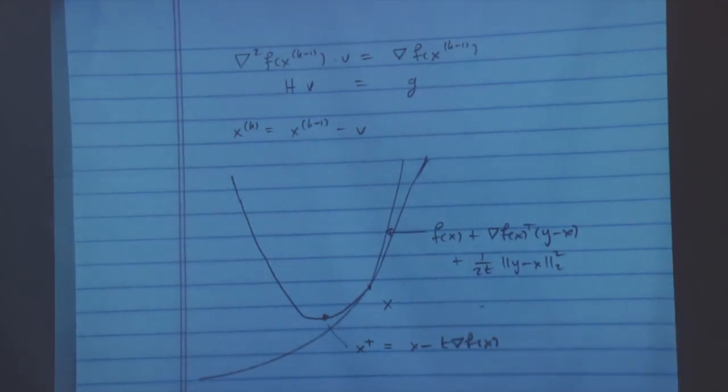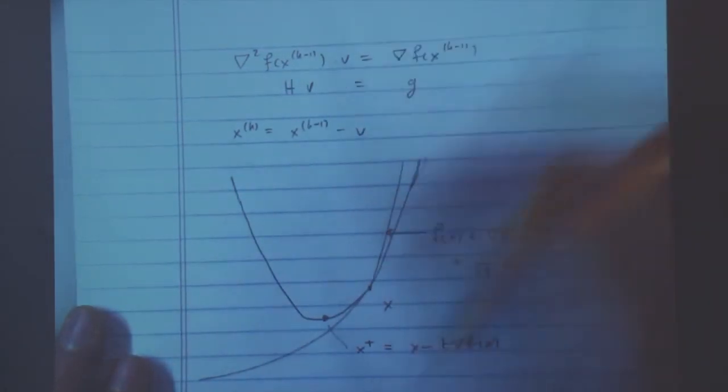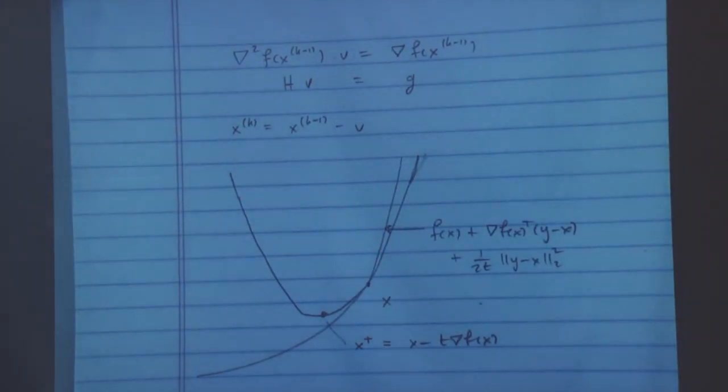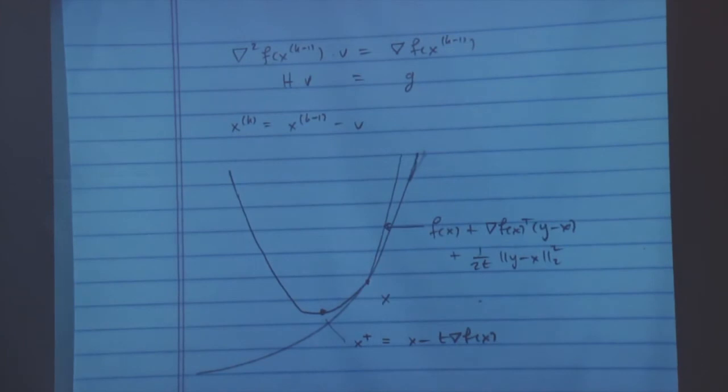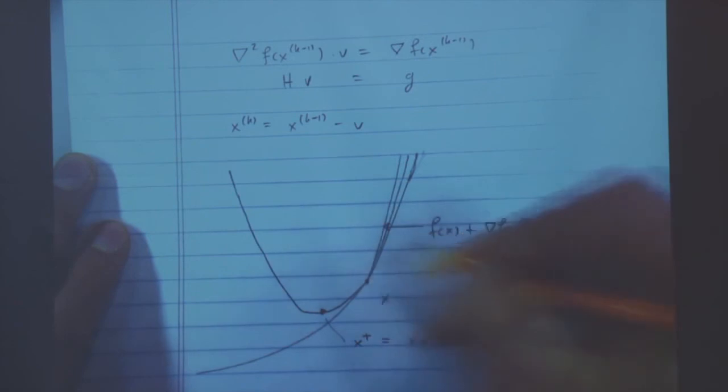What does Newton's method do? Newton's method is something pretty similar, except it uses, in a sense, a better quadratic approximation. It doesn't ignore the fact that our function actually has a Hessian, right? Gradient descent ignores that and just uses the identity matrix times 1 over t as the quadratic form. Newton's method forms a different quadratic approximation. In a sense, it's better because it's using more information about the function.